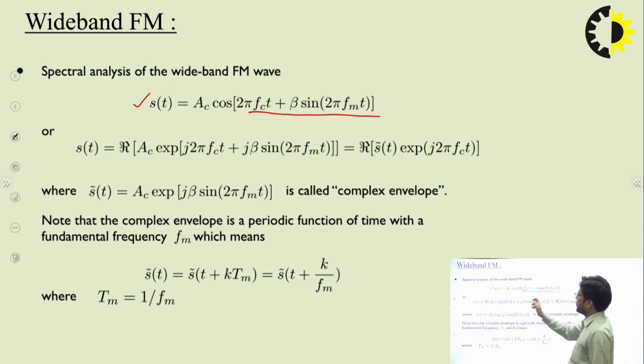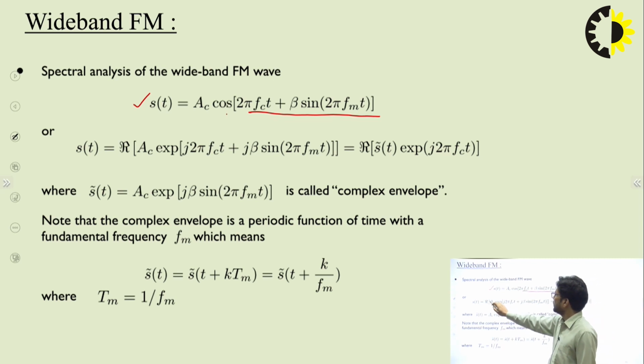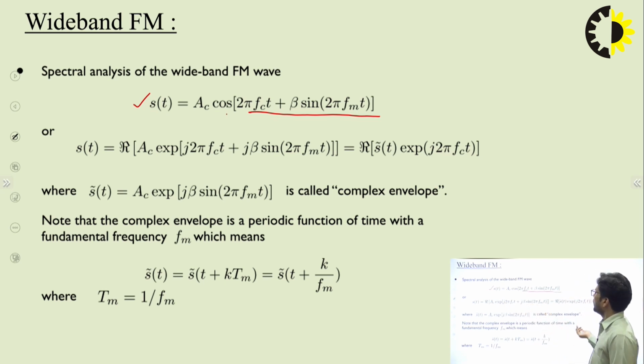So this equation we can write in another form by using Euler's theorem, because this is a cos term, so we can say this is the real part of A_c e to the power of j 2 pi f_c t plus j beta sine 2 pi f_m t.